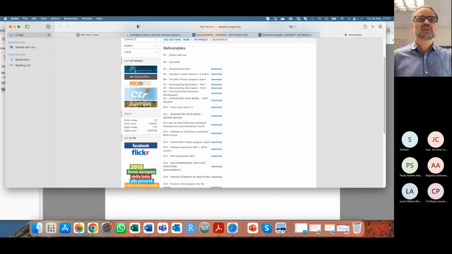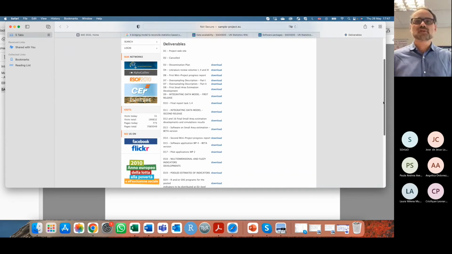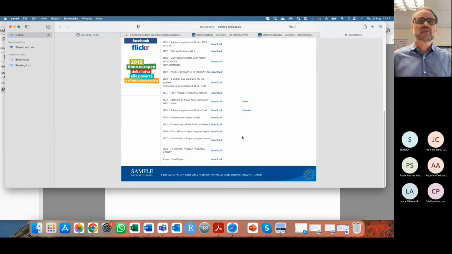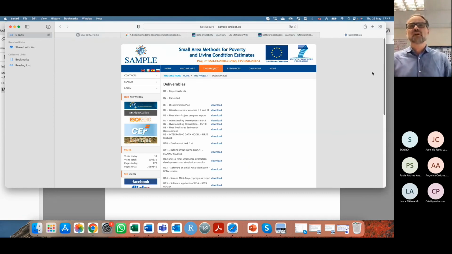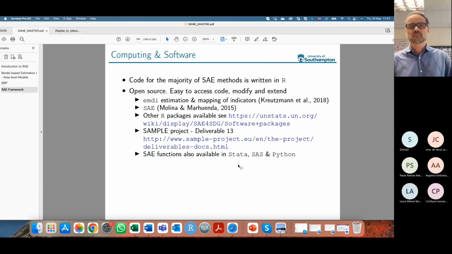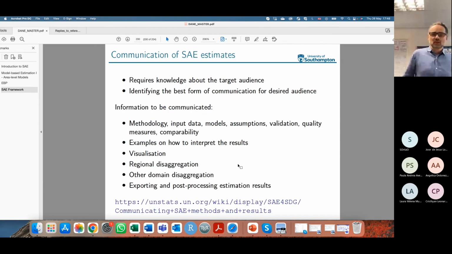And here you have all the deliverables, so you can go through this and see all the software, for example, for the different deliverables. Of course, since then a lot of things have been developed, because this is about 2010, so we are now 10-12 years later, so the literature has moved on, but again this is a resource that is available to you.